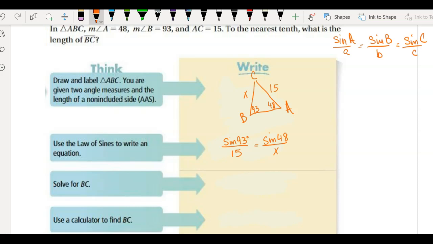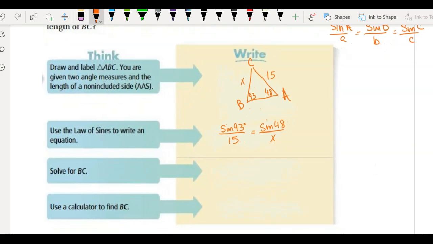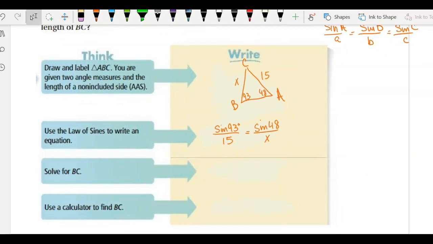So now I'm going to solve for x. I'm going to cross multiply. So I get x times the sine of 93 is equal to 15 times the sine of 48. Now I want you to notice that I put the x and I put the 15 in front of the word sine.